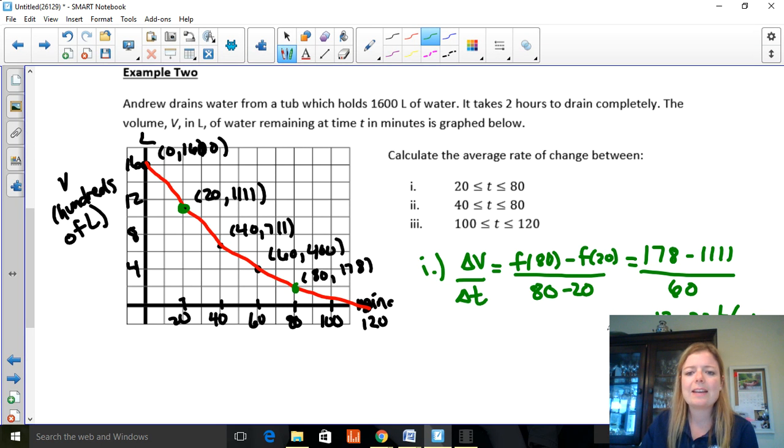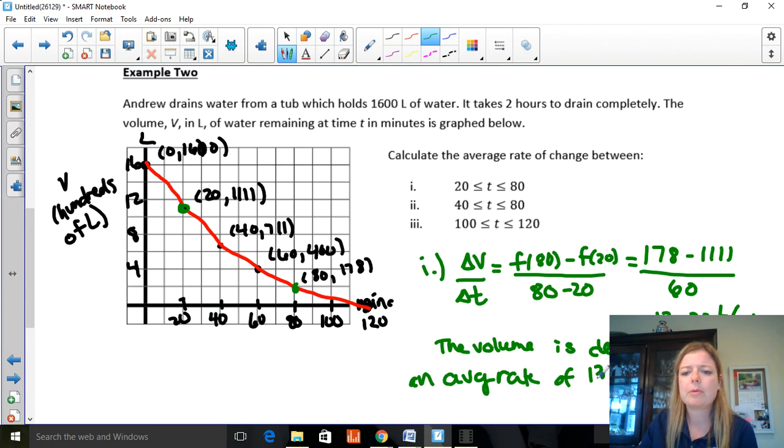This negative means that the volume is decreasing at an average rate of 13.33 liters per minute between 20 and 80 minutes.